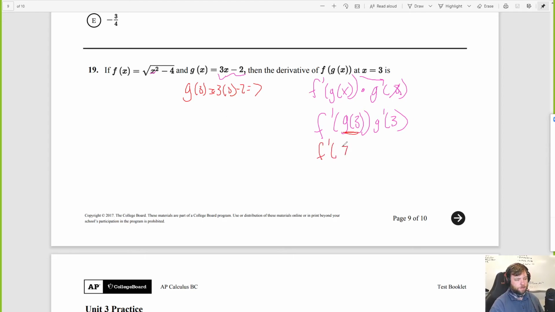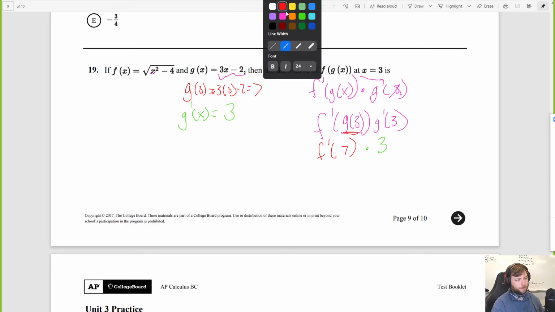That'll be F prime of 7. Now to find G prime of 3, I got to find G prime of x. Derivative, that's 3. It's going to be 3. Always 3. Now, I got to find F prime of 7.